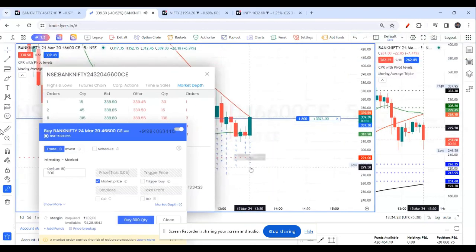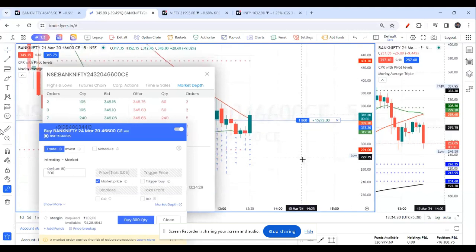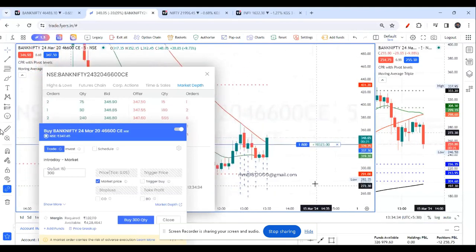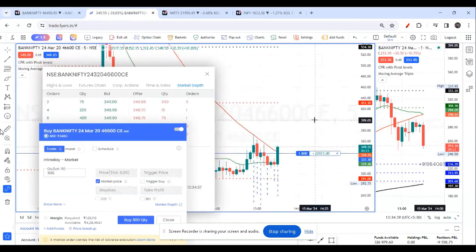Another 20 lots. So let's assume my average is 340. So 390 will be 50 points, right?